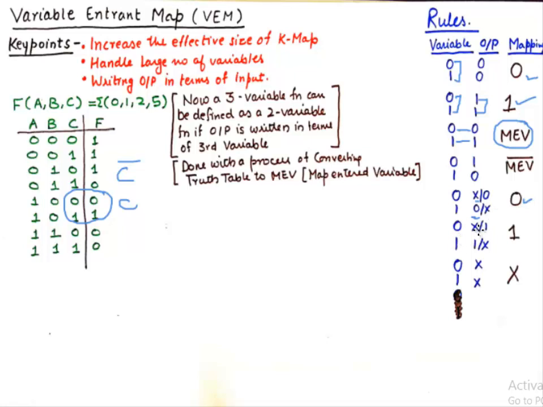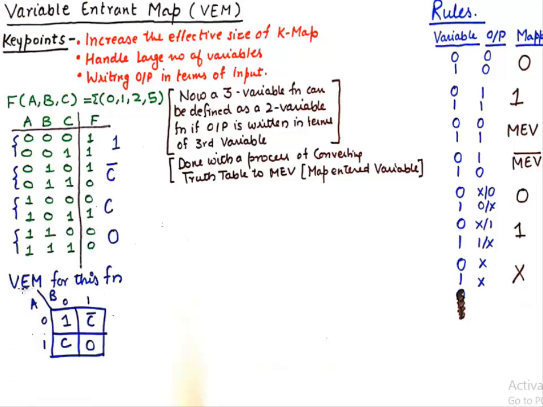For 0, 1, if we get a do not care 1 and 1 do not care, then we get a 1 anyway, because we'll consider these do not cares as 1s for our convenience. And if for both 0 and 1 we get do not care, the mapping will be done to do not care itself. Then we have the VEM, variable entered map, for this function as this.